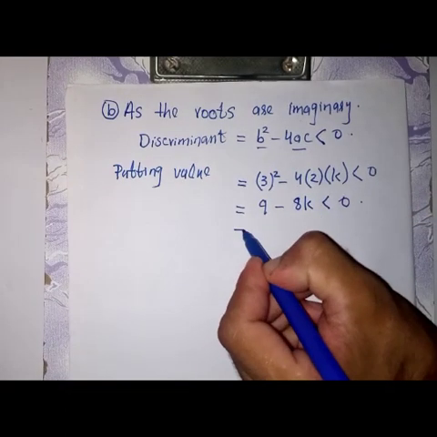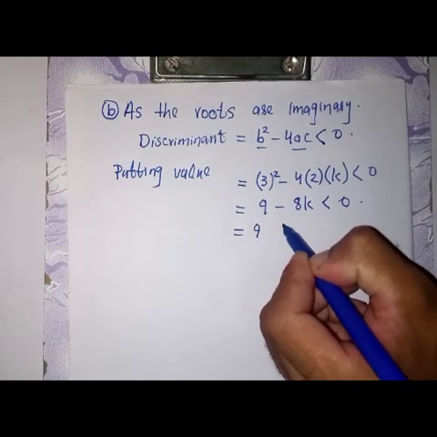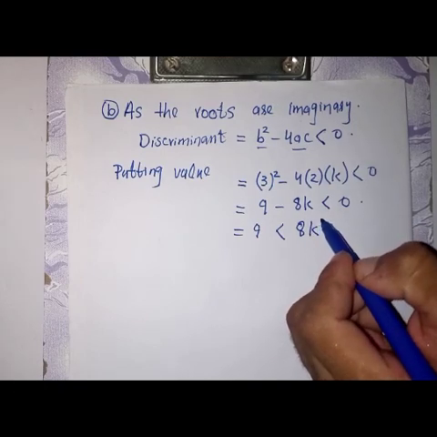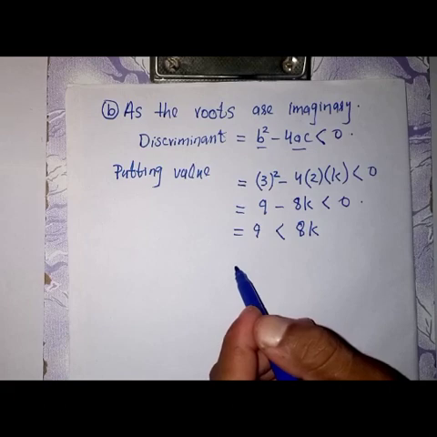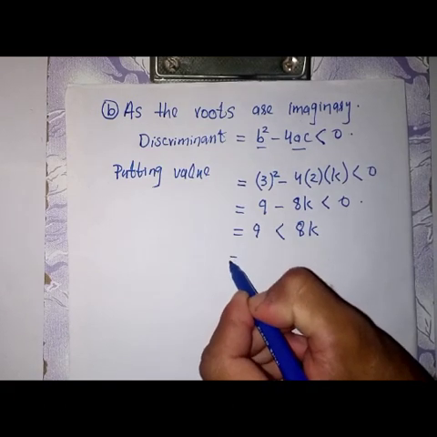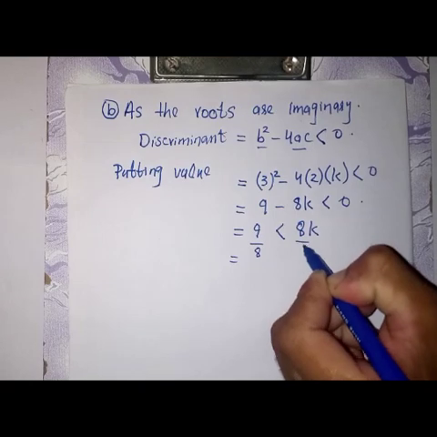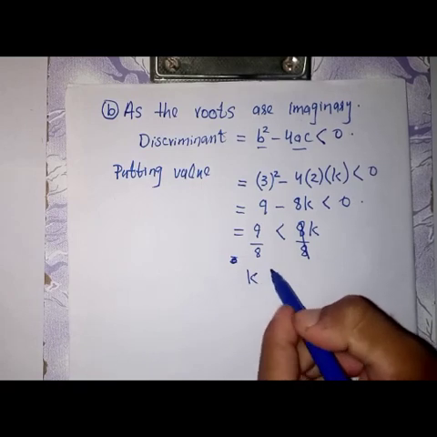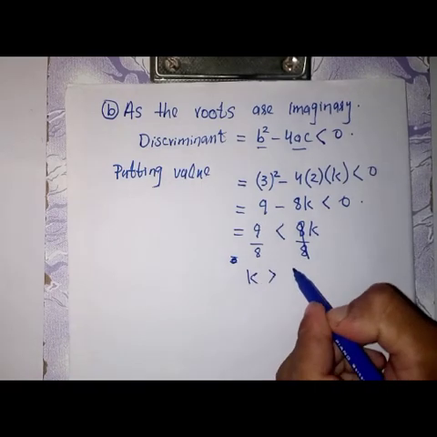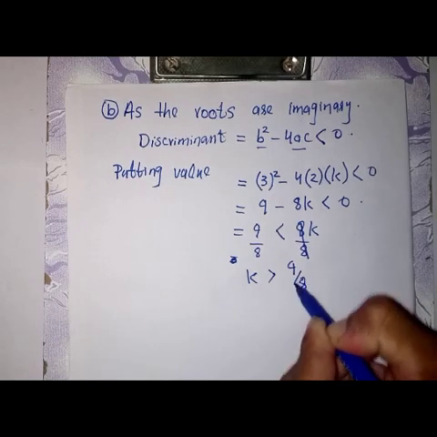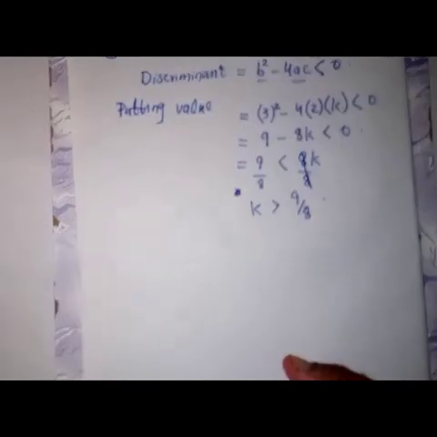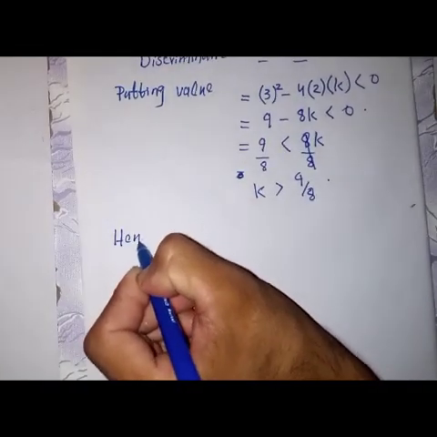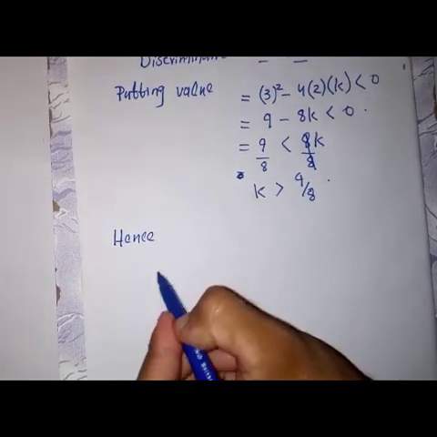Now if we add 8k on both sides, we get 9 is less than 8k. So now divide both sides by 8, we get k is greater than 9 divided by 8. So this is the value of k if the roots are imaginary.